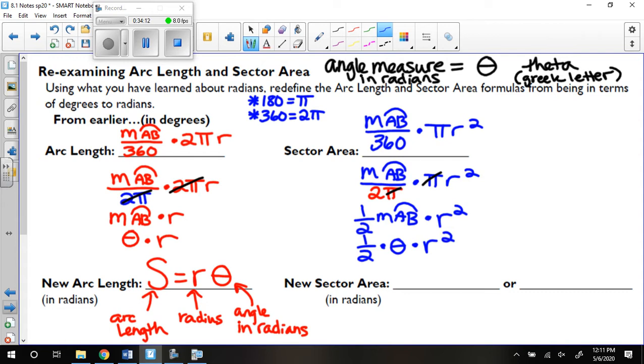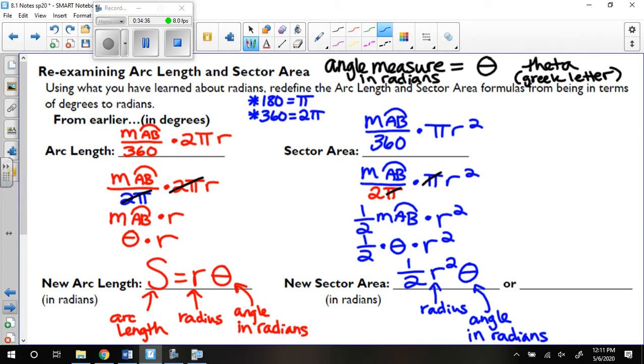Our new sector area formula is 1/2 r squared theta. The r is still your radius, and theta is still your angle in radians.